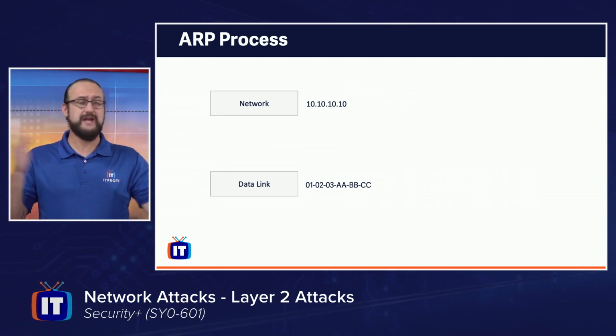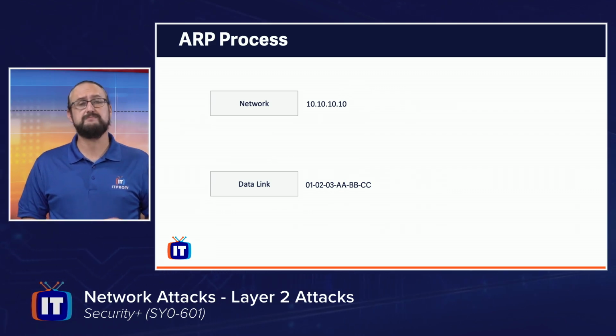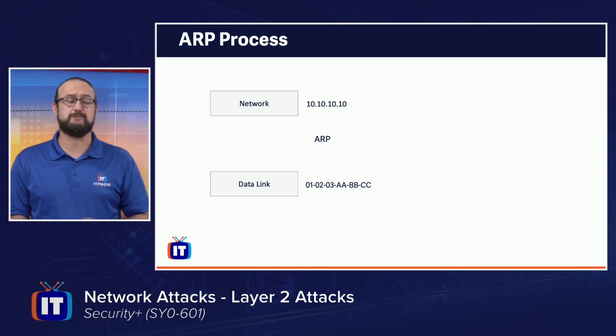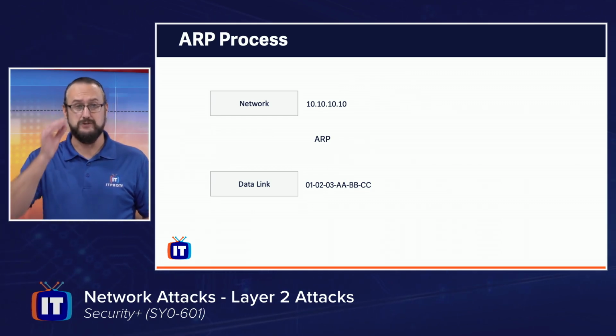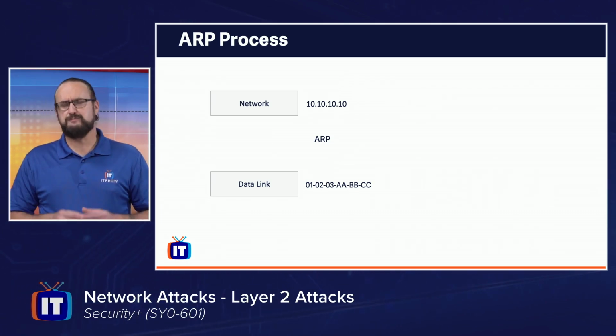These two layers are completely oblivious of each other. So what sits in between these two layers is a protocol known as the Address Resolution Protocol, or ARP, like we've mentioned. So how does this process work?